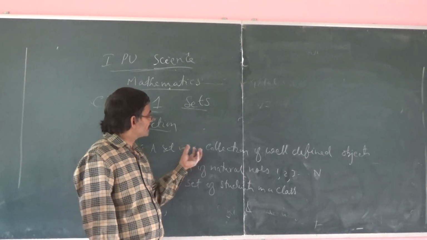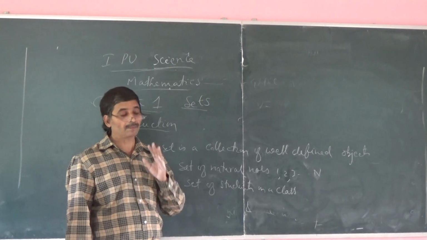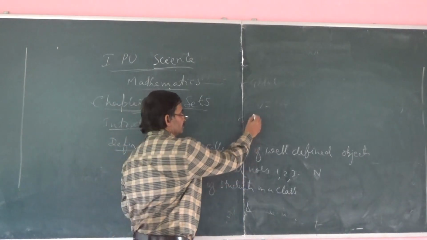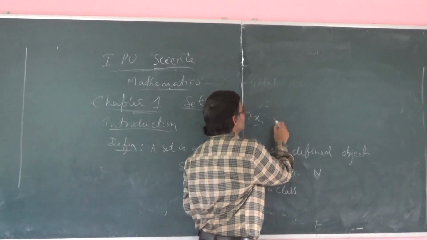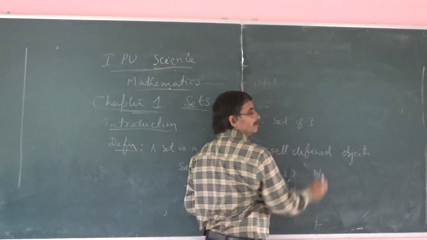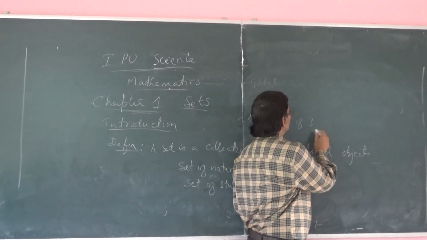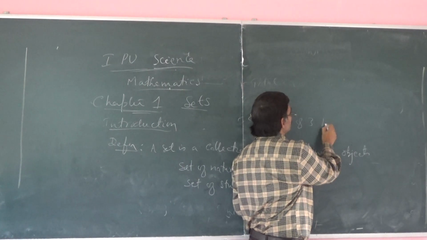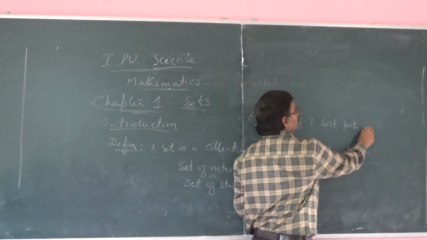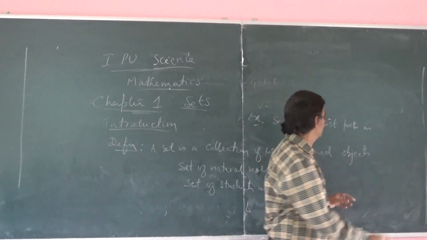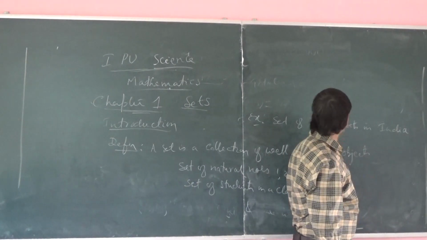I will give an example which is not a set. For example, set of 3 best poets in India.